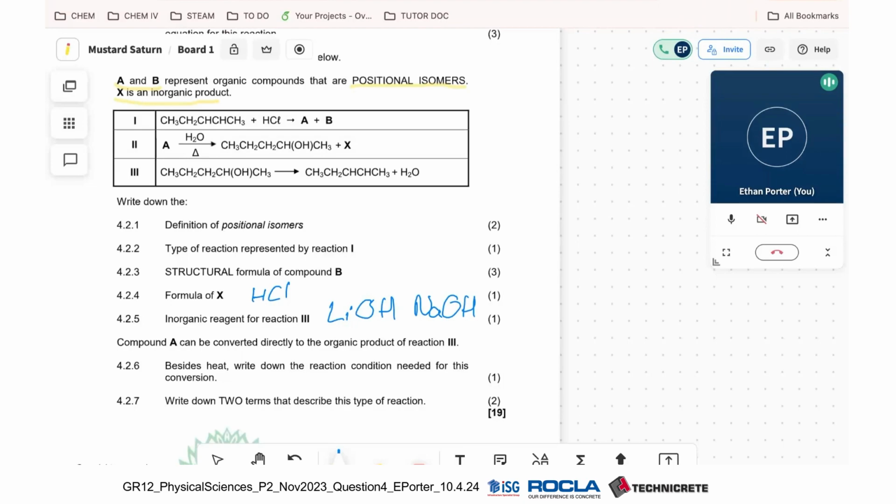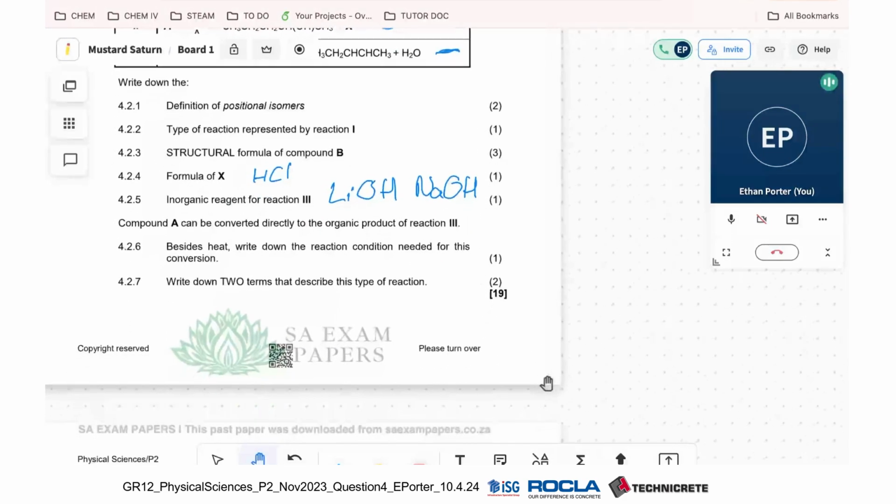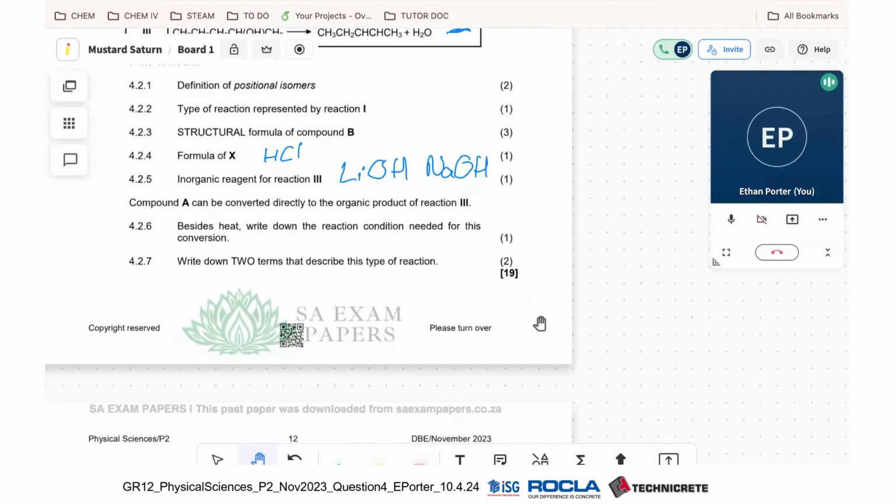So I think I said 2 was a condensation reaction. That's wrong. 2 is a substitution reaction. This was substitution. This is condensation, and this is addition. So you just have to memorize these reactions and what reagents work with them. Unfortunately, there's no tricks. You just have to know the answers. All right, moving on to 4.26.